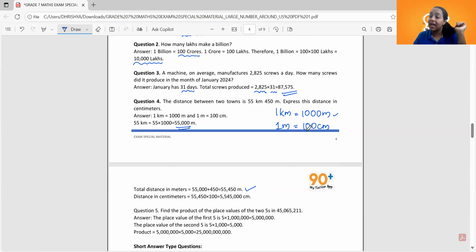What is 1 meter? 100 centimeters. This number into 100 will give you 5,545,000 centimeter. So this is the answer. You first convert kilometer into meter. Then we added that answer to the 450 meter we had there. Now everything is in meter. Now meter will convert into centimeter.